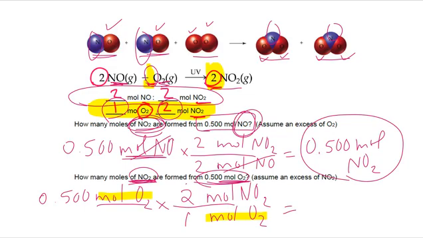So now we just need to do 0.5 or 1/2 times 2 divided by 1, and we would get 1 mole of NO2. So hopefully this is helping you see that having a balanced equation will help us to see those coefficients relating from one species to another species.